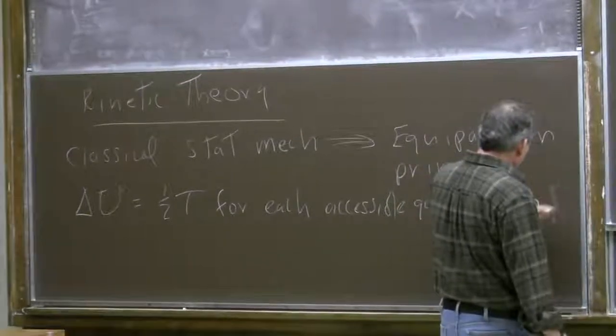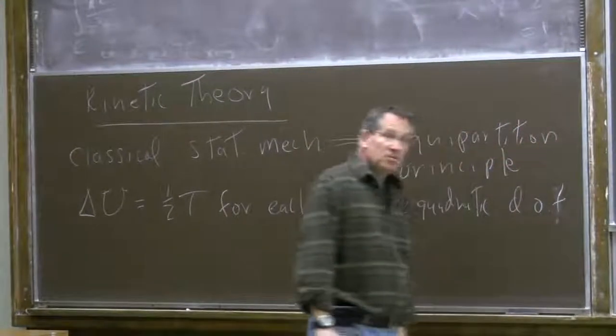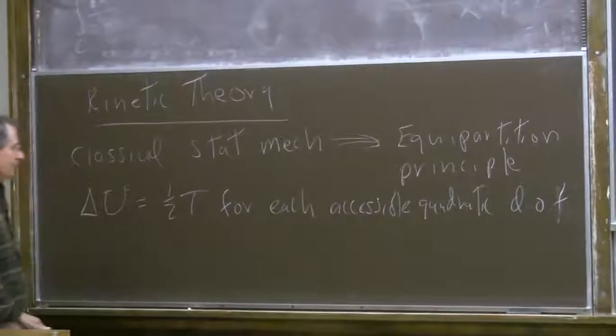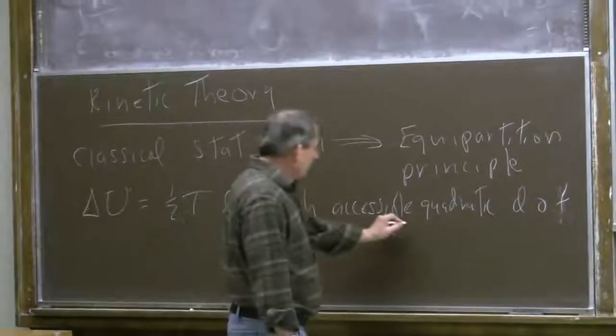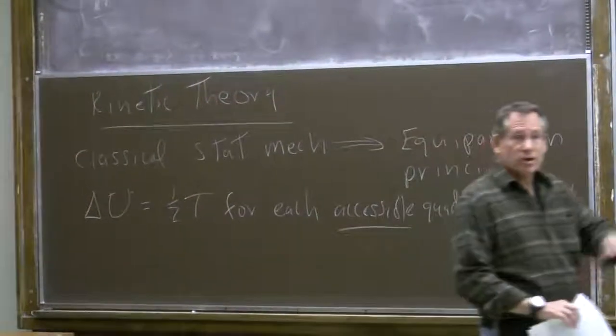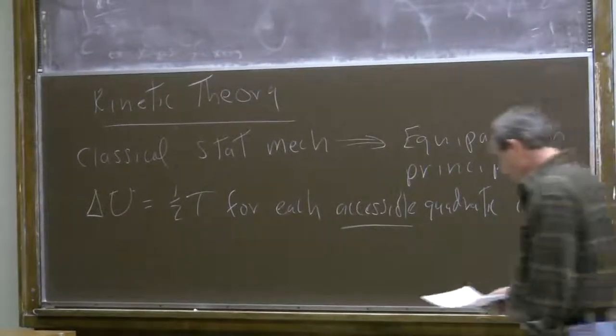So quadratic means that it's a variable and the energy depends quadratically on that variable. Accessible means that the temperature is high enough so this degree of freedom is excited.